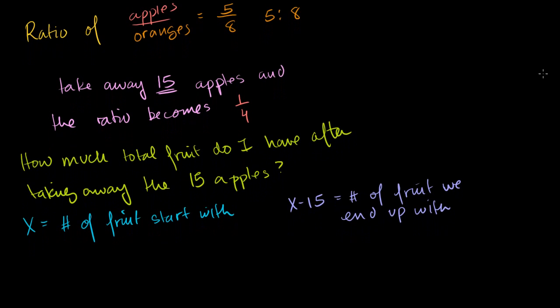And now, we know that we start off with a ratio of 5 to 8. So the ratio of apples to oranges is equal to 5 to 8 that we start off with.